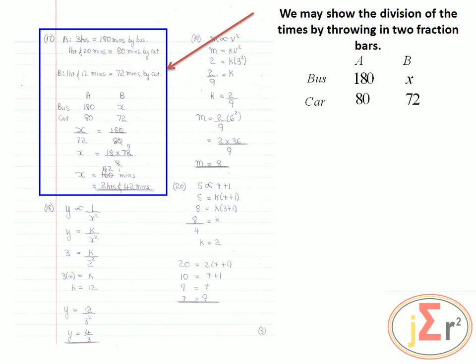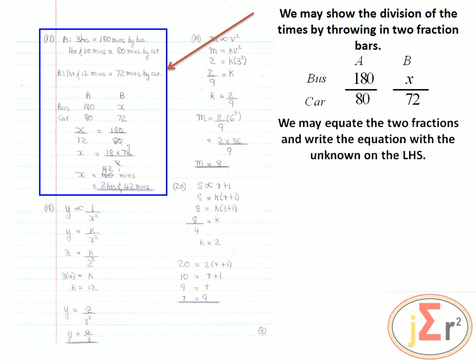We may show the division of the times by throwing in two fraction bars. So one there, we are saying divide 180 by 80, divide X by 72. And we are saying that this over this is equal to this over this, as long as the rates are the same along the routes. We may equate the two fractions and write the equation with the unknown on the left hand side.